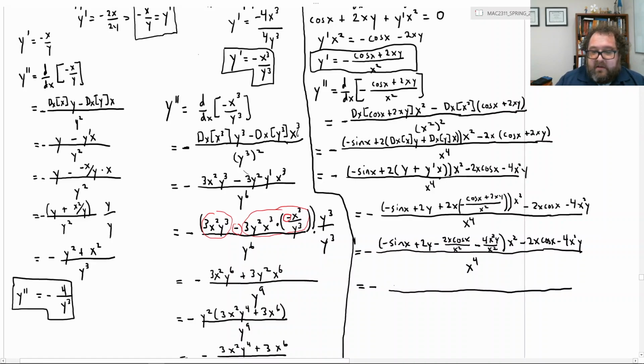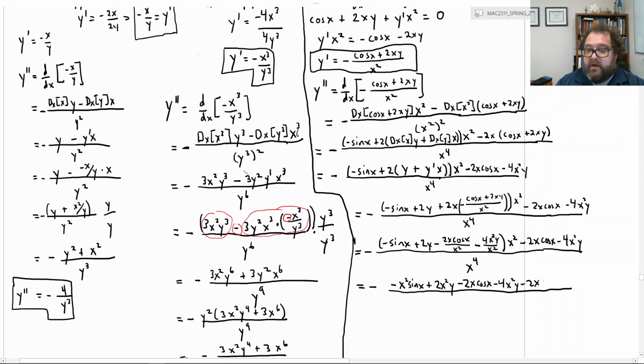So that's going to give me negative x squared sine x plus 2x squared y. Now notice, if I'm going to multiply by x squared, both of these denominators are x squared. So that's going to eliminate the denominators and just give me minus 2x cosine x minus 4x squared y.